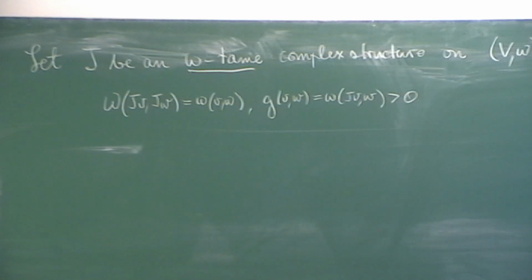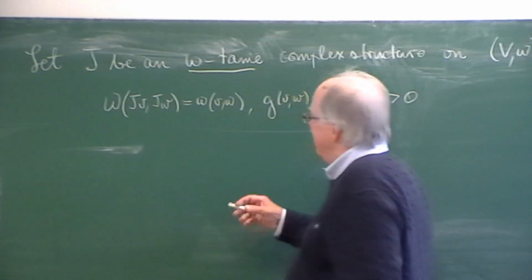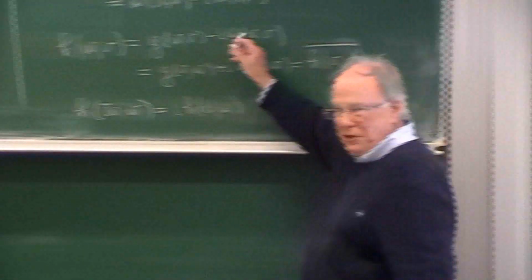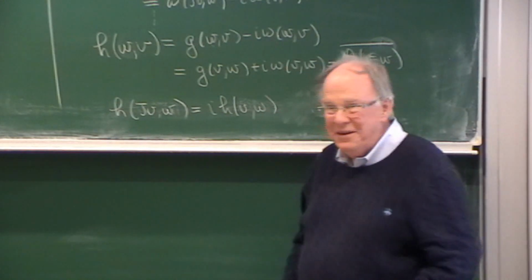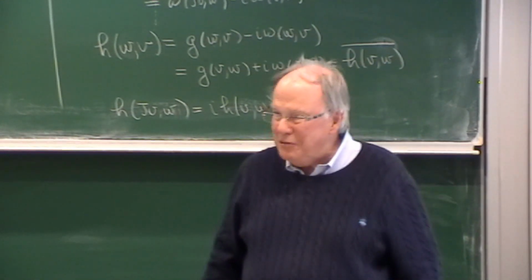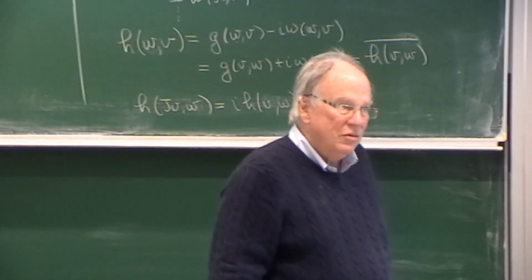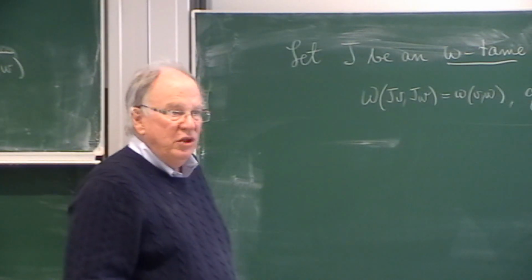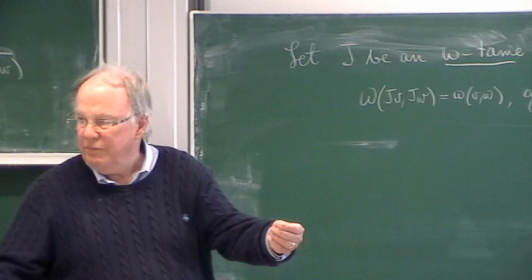Now I hope you know this is of course a Riemannian geometry, but I told you how important symplectic geometry is, but I hope you see that there is a very close connection between symplectic and Riemannian geometry if you have a complex structure. It's more or less the same thing. If you have a Riemannian structure with a good complex structure, then I can recover the symplectic structure also.